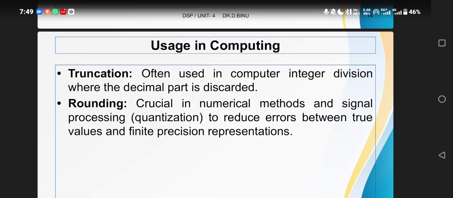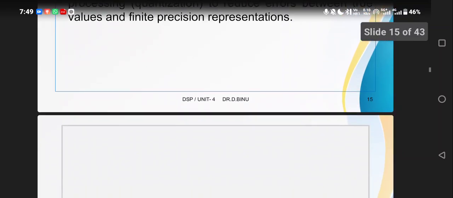What is the usage of truncation and rounding in computation? Truncation is often used in computer integer division where the decimal part is discarded. Rounding is crucial in numerical methods and signal processing to reduce errors between true values and finite precision representation.